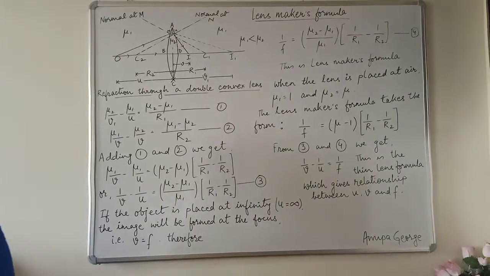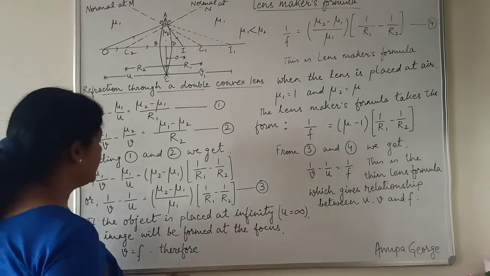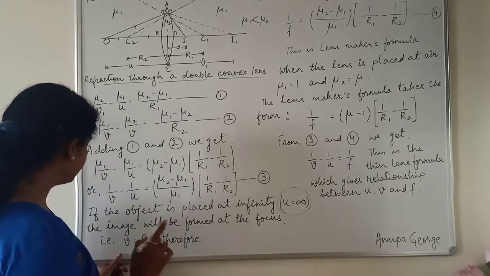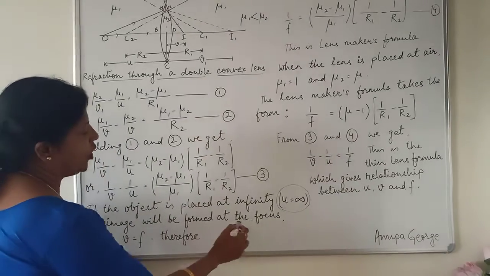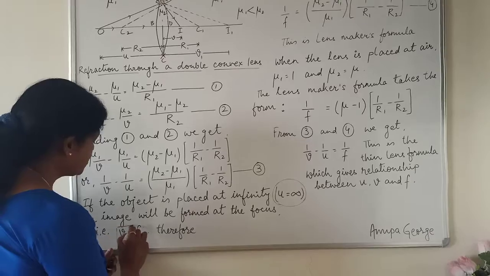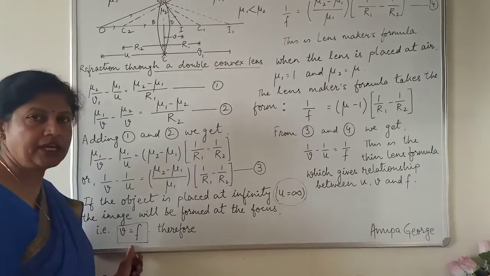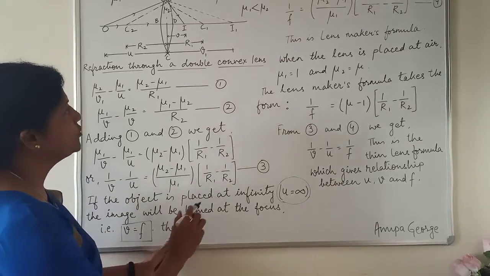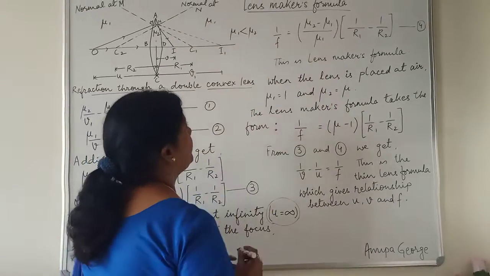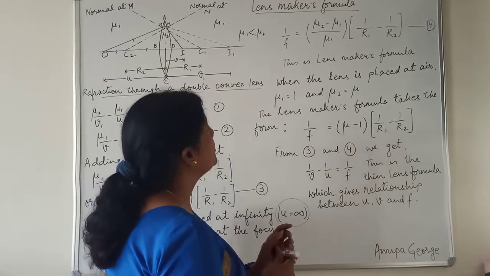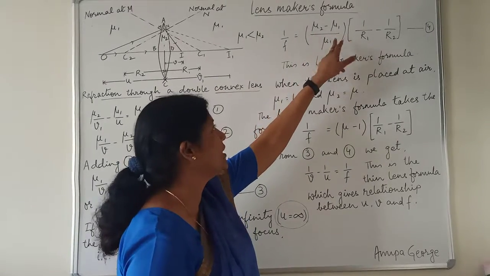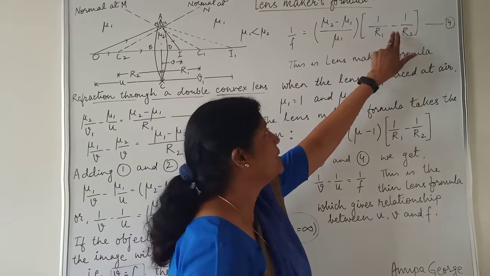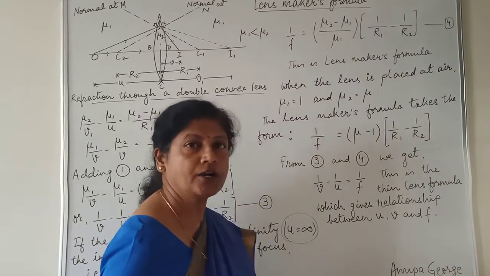Therefore, 1 upon f is equal to mu2 minus mu1 upon mu1 into 1 upon R1 minus 1 upon R2.